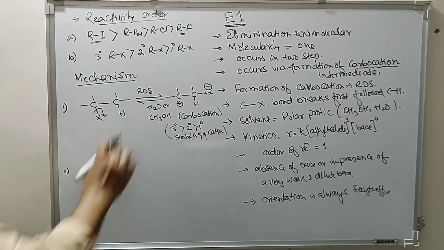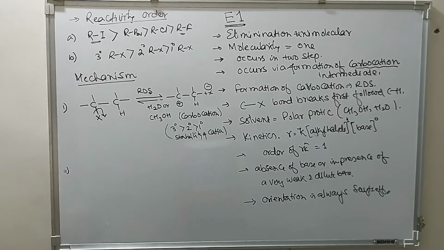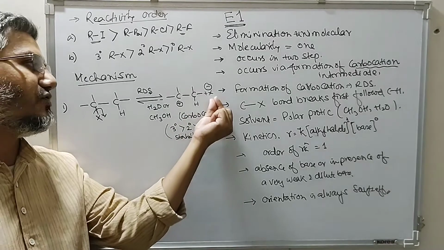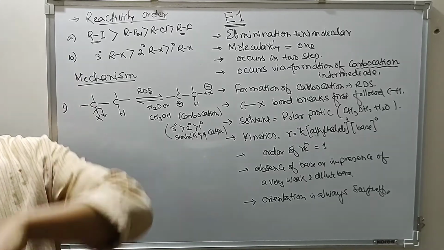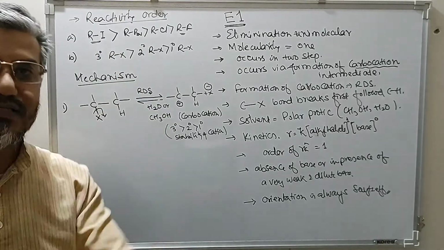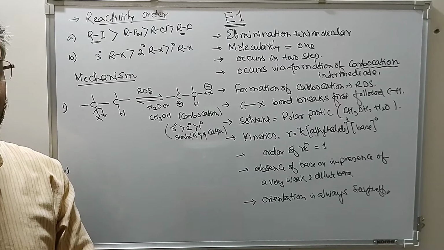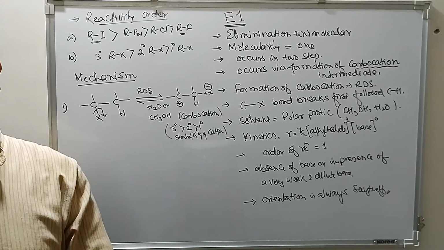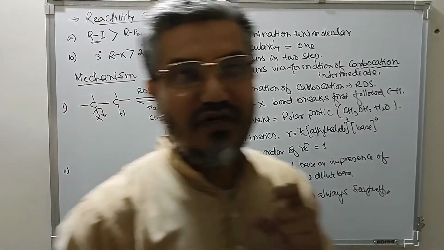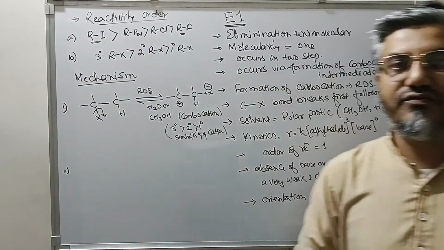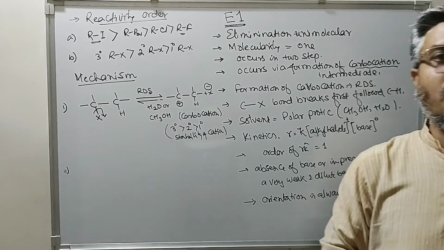Next, one more look at this. We have this equilibrium. In this equilibrium step, there is a formation of X minus. So from outside, if some X minus is added, then this will show the common ion effect. In all successful E1 reactions, the common ion effect of X minus is observed.